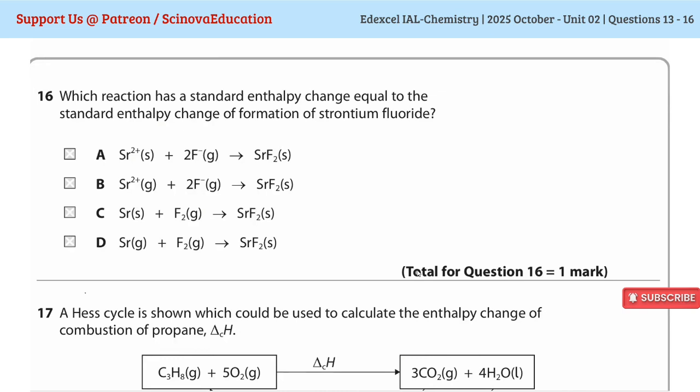So we have to look at the components and their most stable physical states.